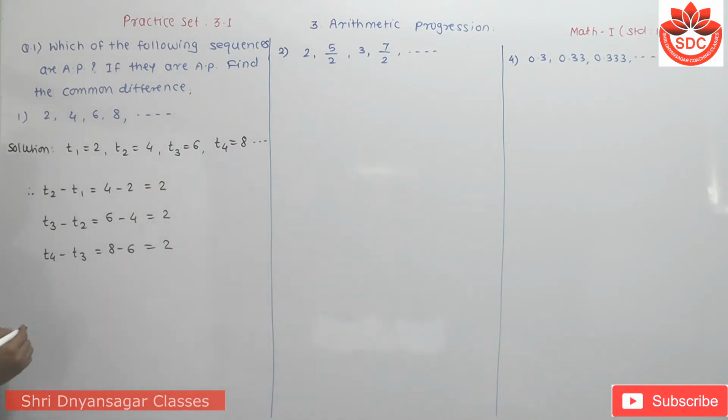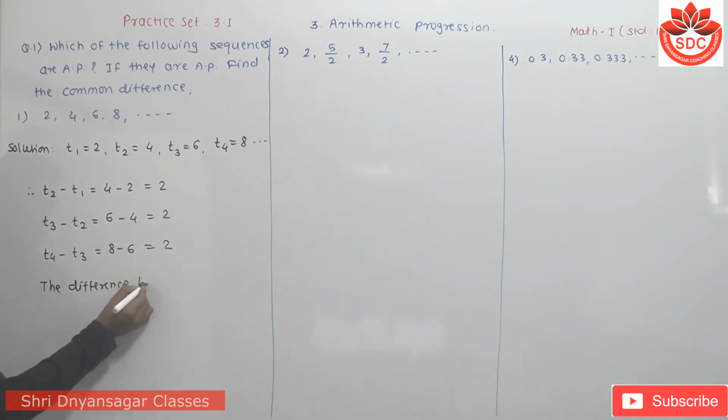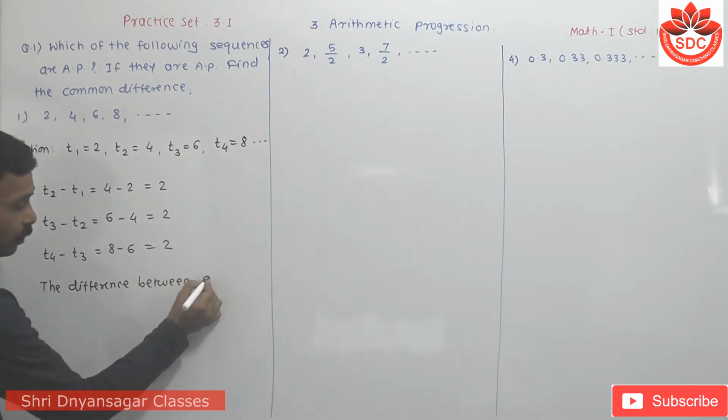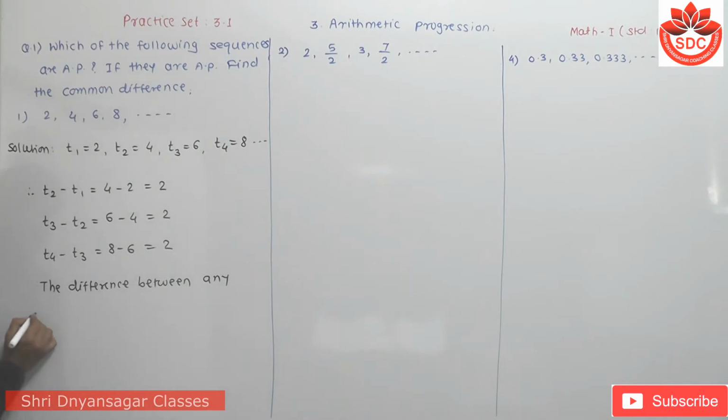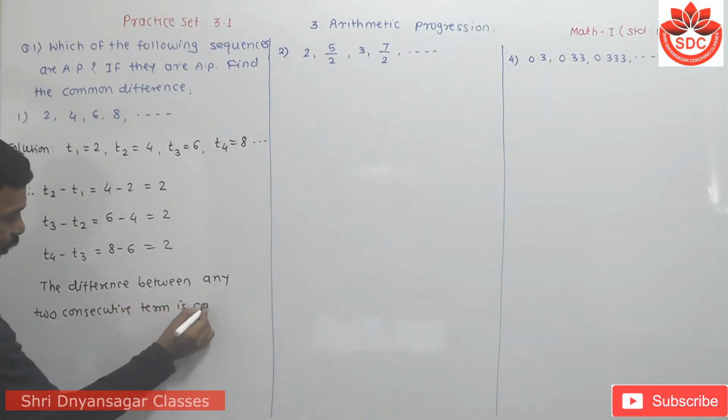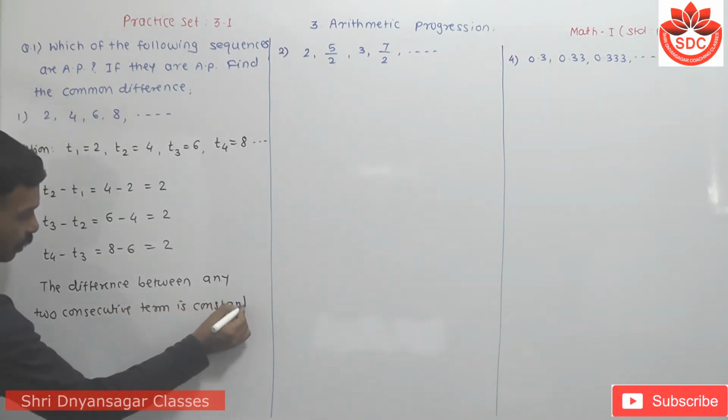So write the answer this way: the difference between any two consecutive terms is constant.